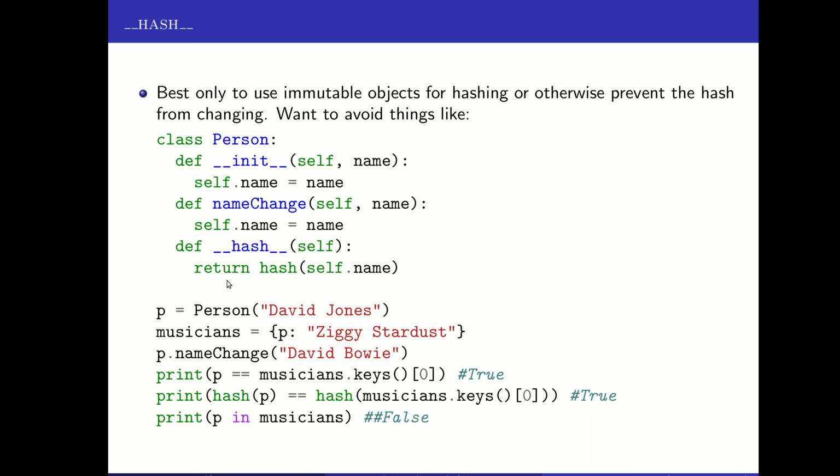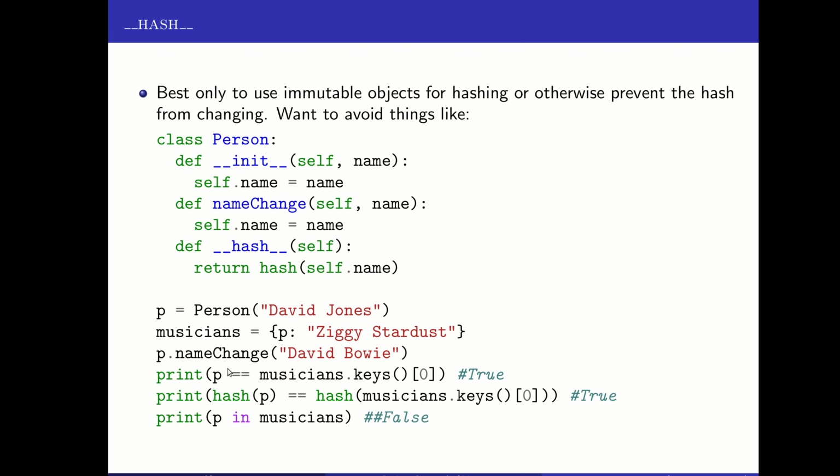So for instance, here we're mapping people's names to alternate stage names, right? So we've created a person called David Jones, and we've said, well, his stage name is Ziggy Stardust. Then the person changes their name to David Bowie. And if we ask, is P equal to the 0th element from the keys of that musician's dictionary?